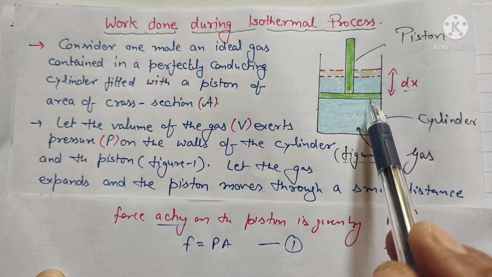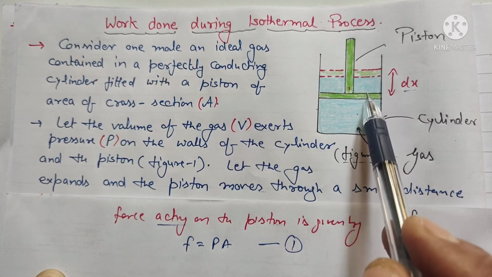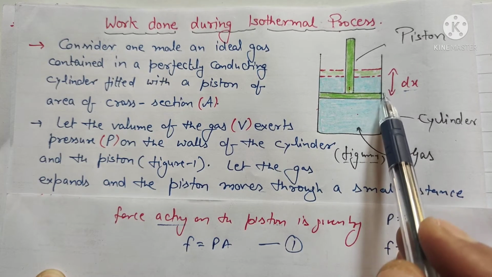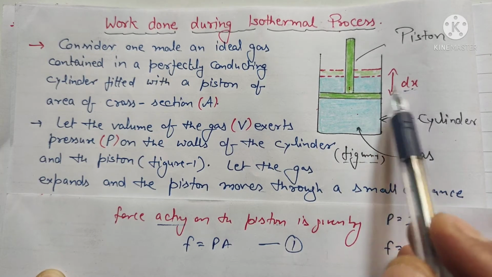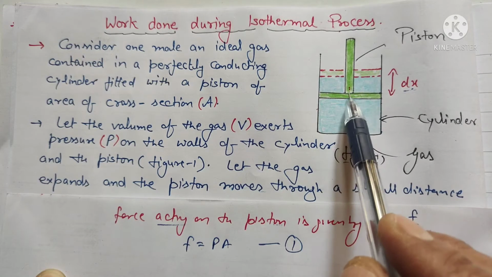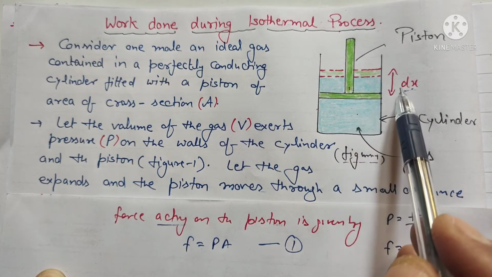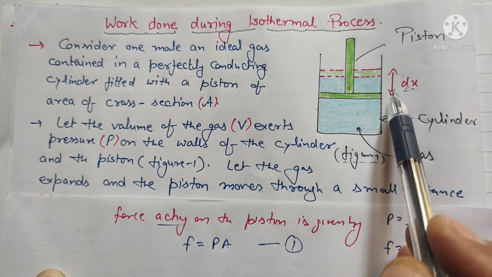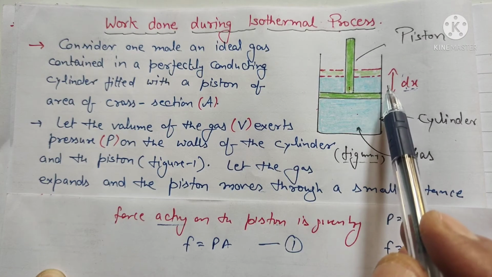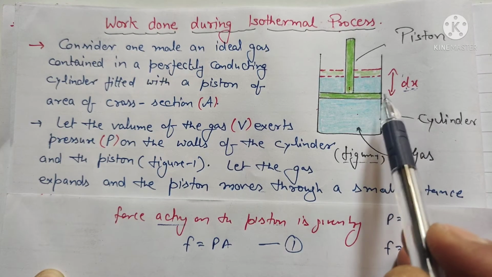When the gas expands, the piston moves in upward direction. It moves through a small distance dx. Here force is on the piston and there is a displacement dx. So we know that force into displacement is work done.